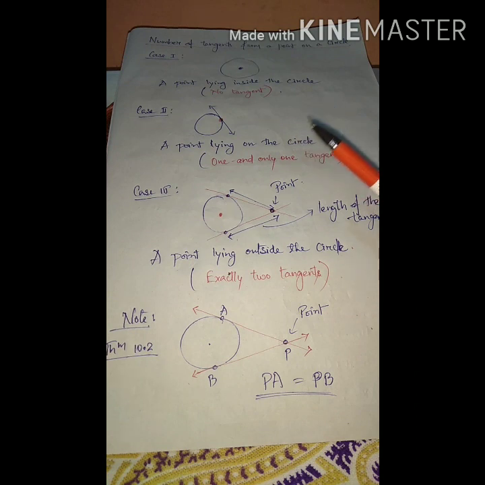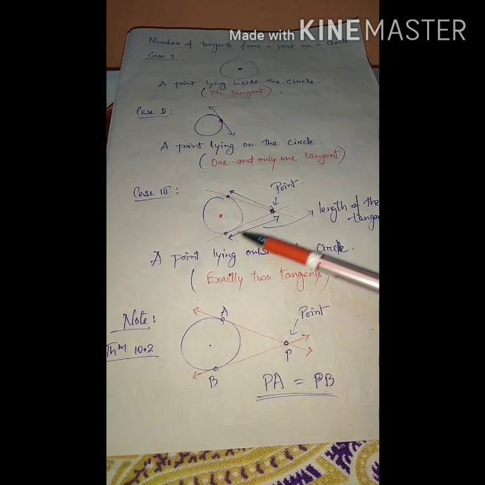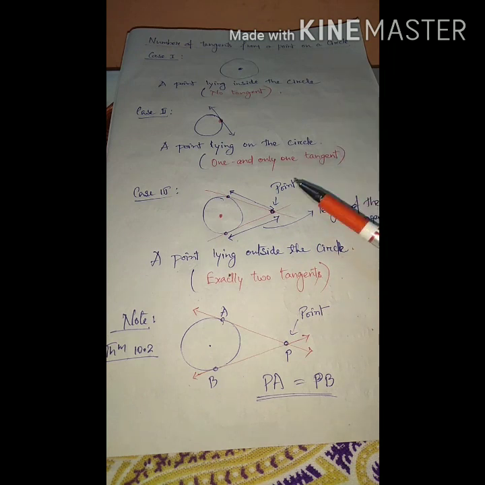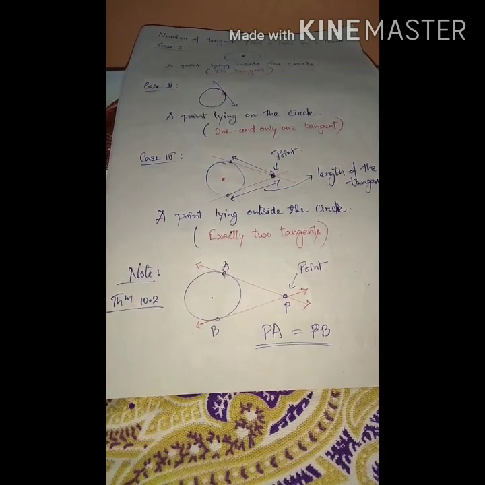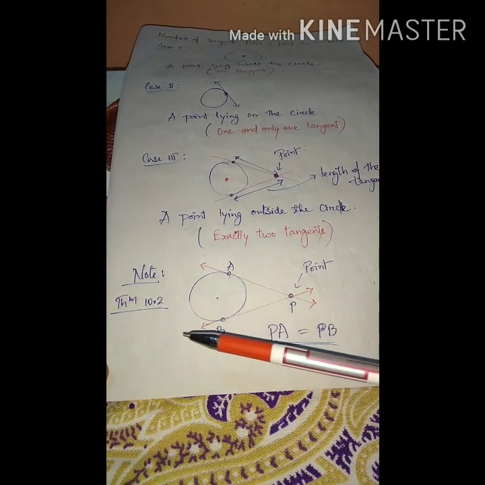And the most important thing is what? These lengths of tangents are always equal. Is it clear? From the external point, if you draw two tangents, then the lengths of the tangents are always equal. So this one we get in theorem 10.2.